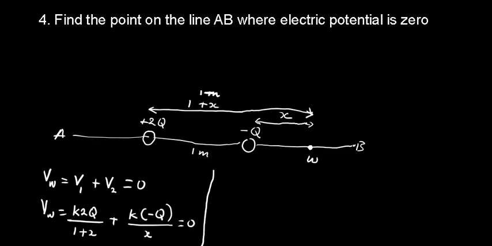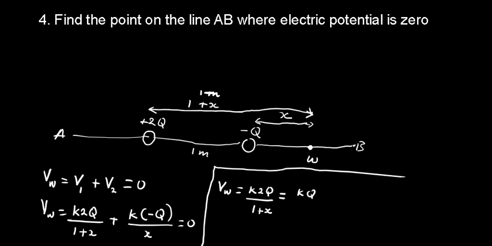Now, potential at W is going to be K2q all over 1 plus x, also equal to Kq all over x, because here we have a negative sign, so we introduce a positive sign.